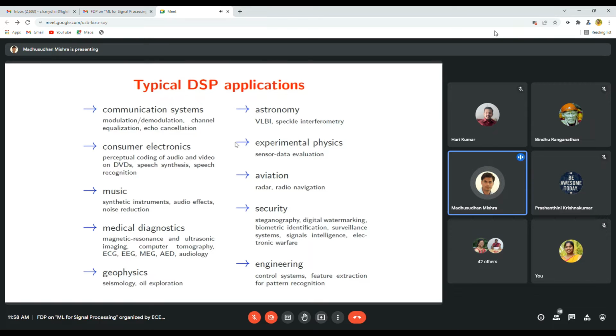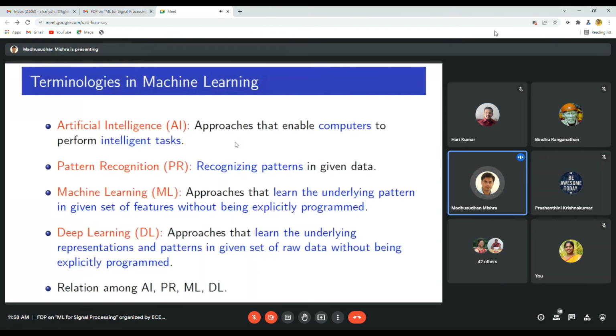With the help of digital signal processing, we can extract certain features, certain parameters from the signal, which are very relevant and carry information of that signal for pattern recognition, and thereby we move towards machine learning. So I hope this signal processing part is a bit clear to everyone.